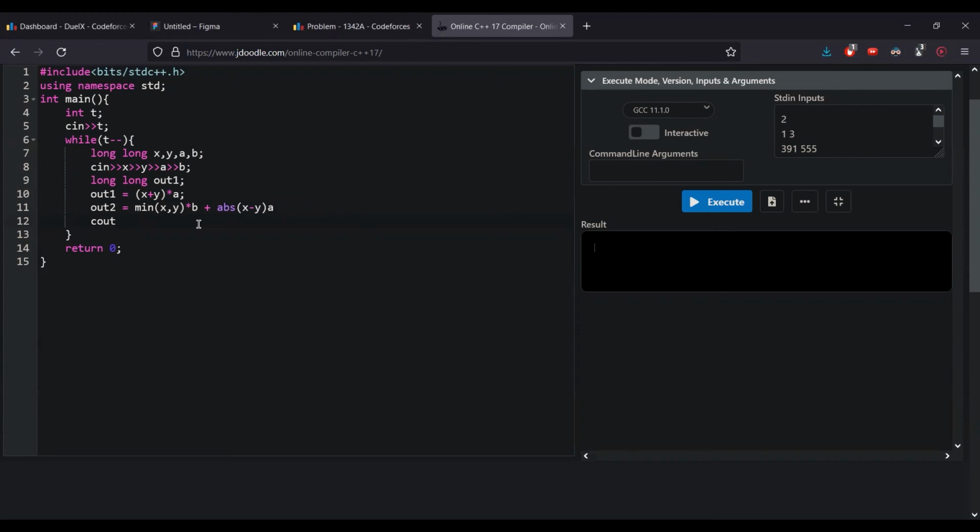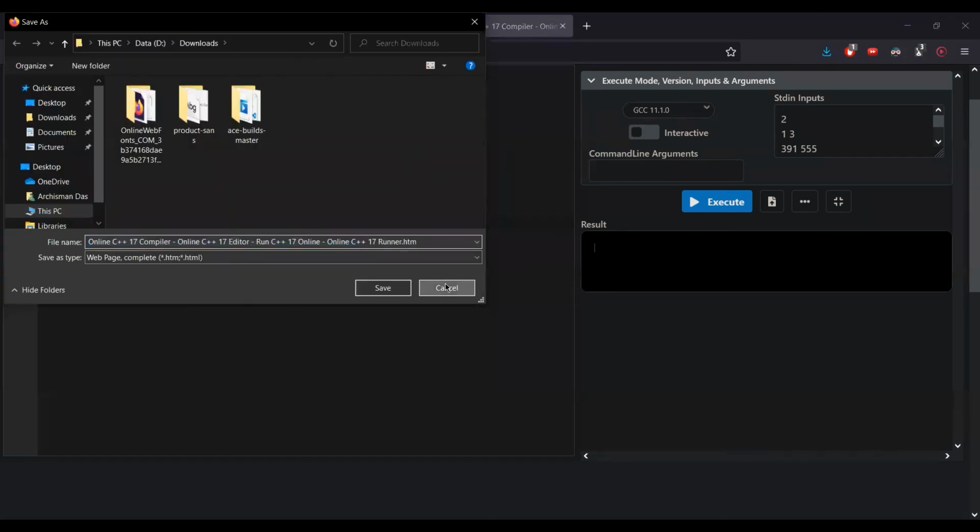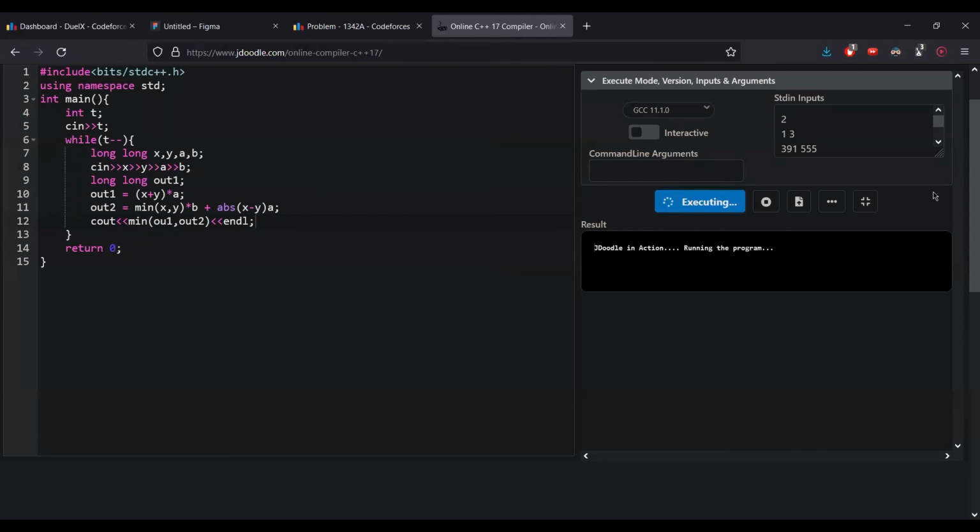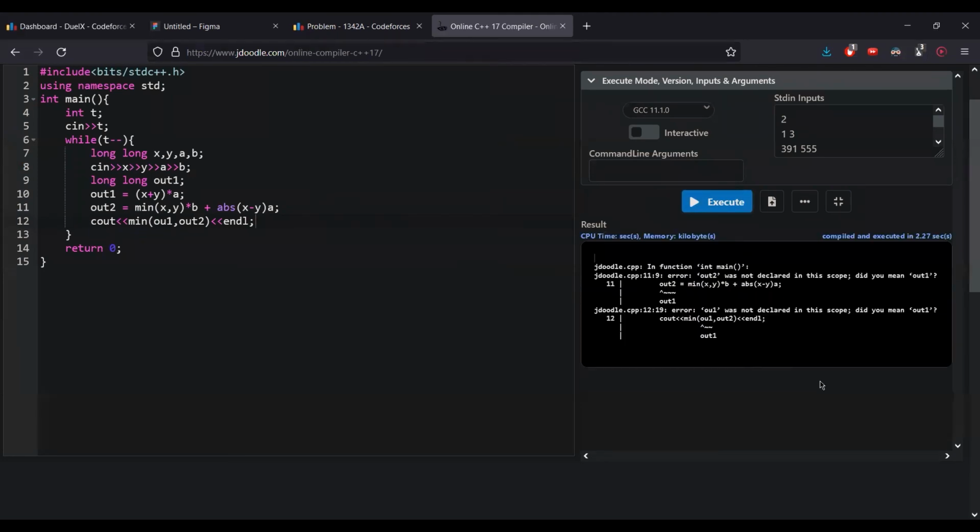I can do min of out1, comma, out2. I forgot a lot of semicolons. The C++ things. Yep, this would work, but I need a new line after this, so put an endl. If I run that, this should give me the correct output, and I get an error.